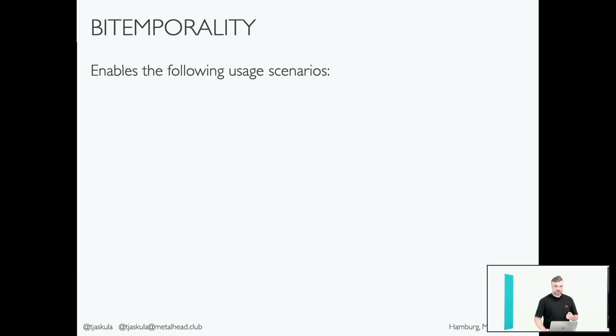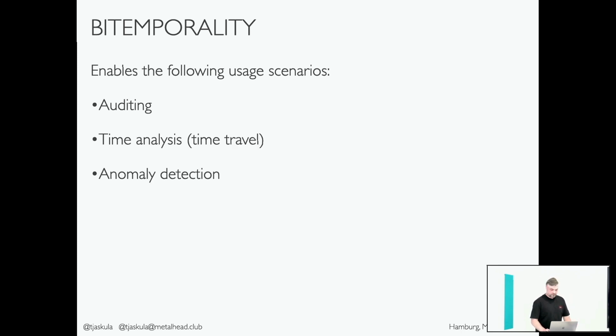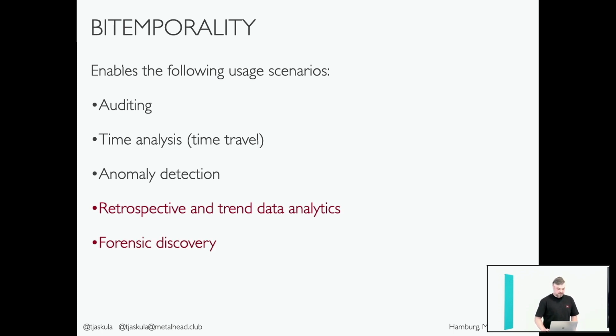Because we said bi-temporality is a special case of temporality, we still get the same features from temporality, but we also add some new features like retrospective and trend data analytics and forensic discovery. So those are the new features that are enabled when you are relying on bi-temporality in your software.